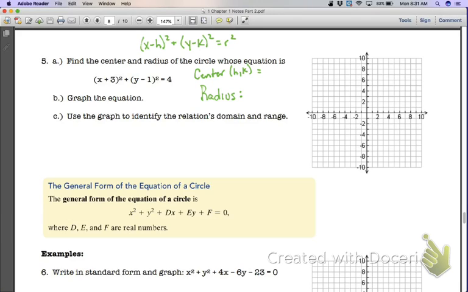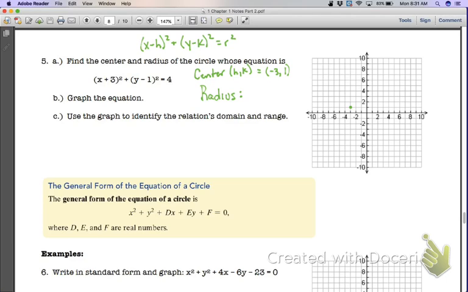It's the opposite, right? So what's the opposite of positive 3? Negative 3. And what's the opposite of negative 1? Positive 1. So there's my center. I'm going to put a point at negative 3, positive 1, and here's my center.